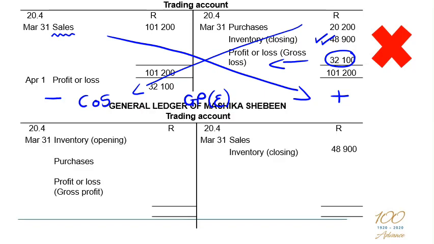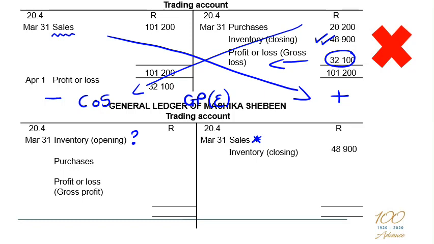So we will draw up a framework of our trading account, and can you see I moved the sales to the credit side. There I have my sales transferred to the credit side. I transferred the calculation of cost of sales to the debit side, but I was missing out on the inventory at the start, the opening inventory.